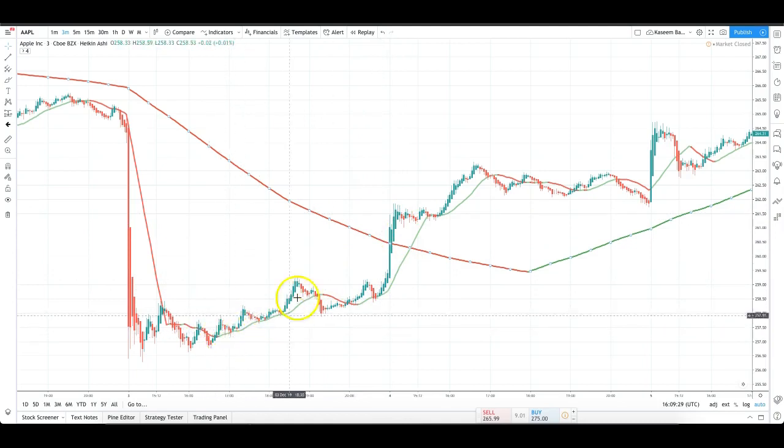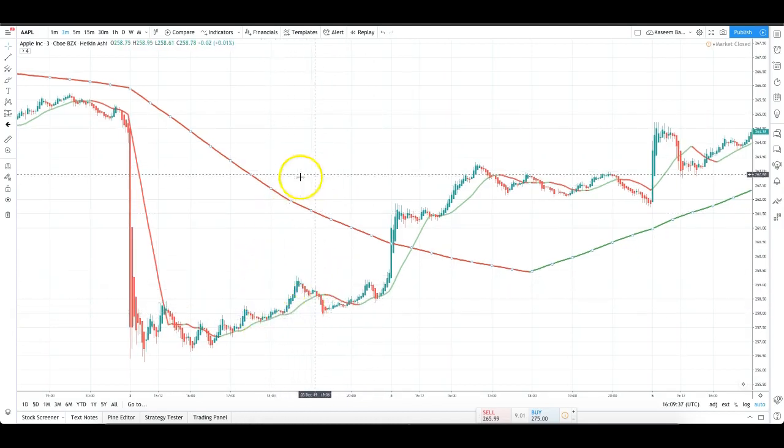Entering a trade here is a little bit risky because it's still below the 200 moving average, although the 20, with this green highlight, is indicating that potentially the stock is going to go back up.